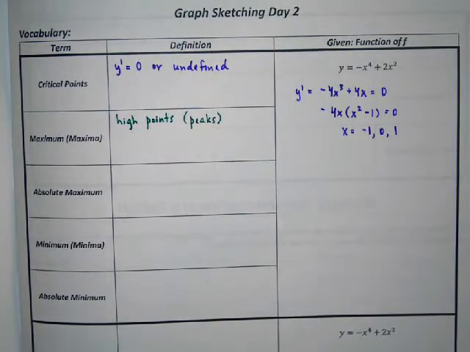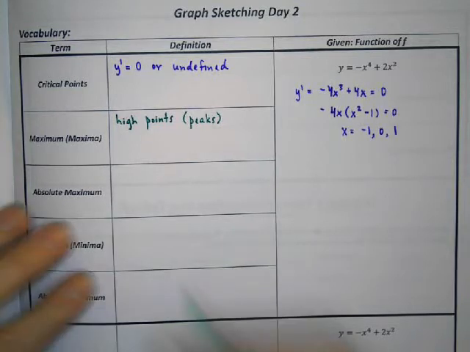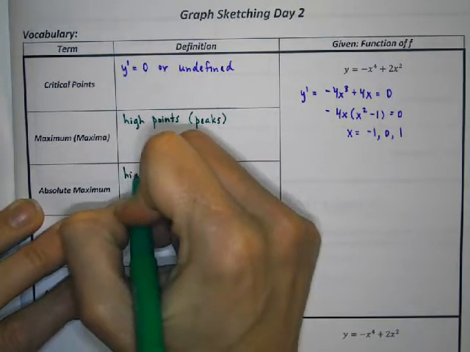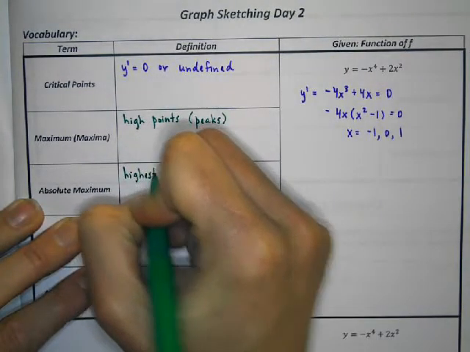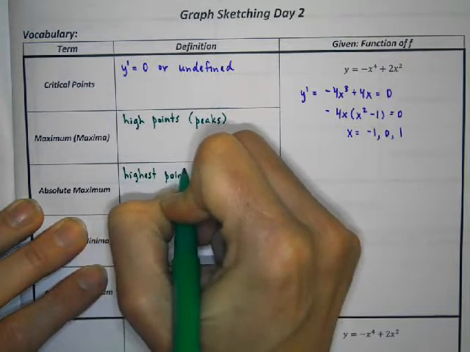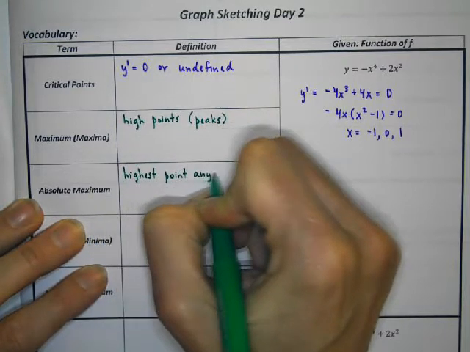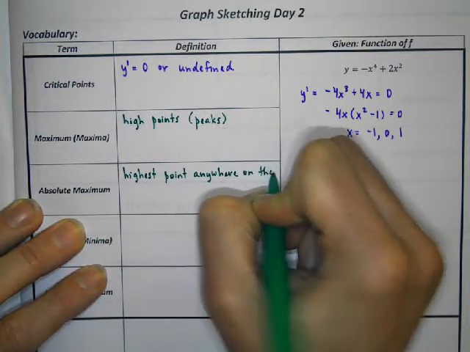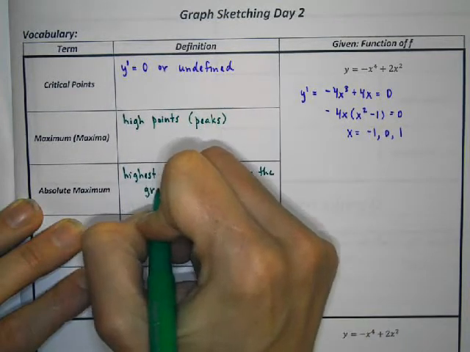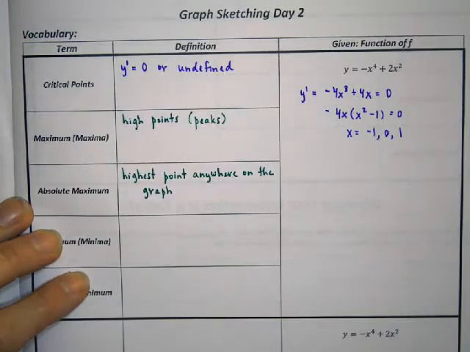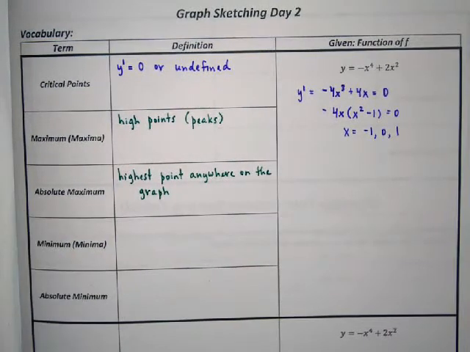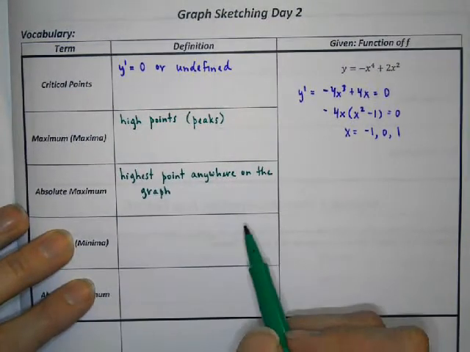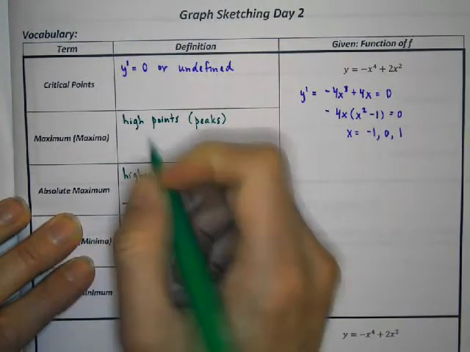And when we're talking about our absolute maximum, that's the highest point anywhere on the graph. And since now we don't actually have a graph to look at, what we're going to have to do is compare the values of the function at these points and determine the highest one.